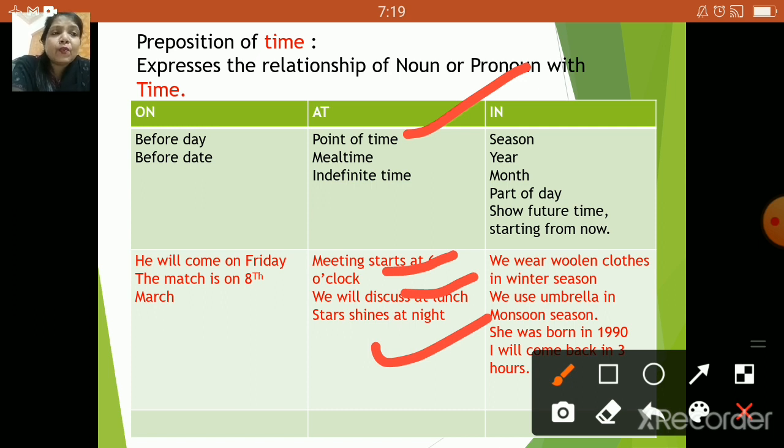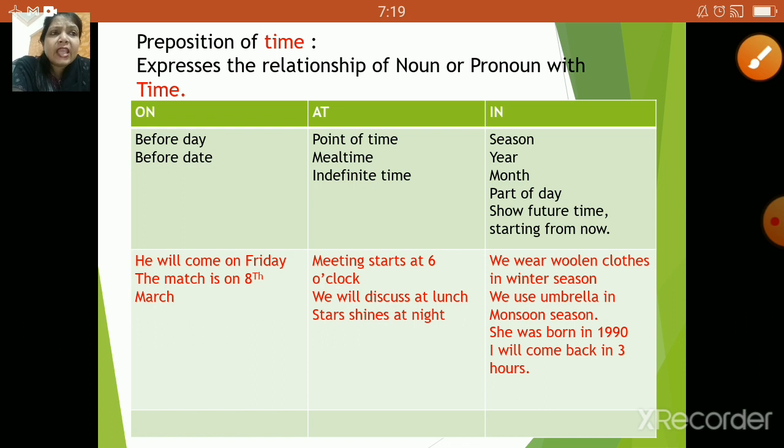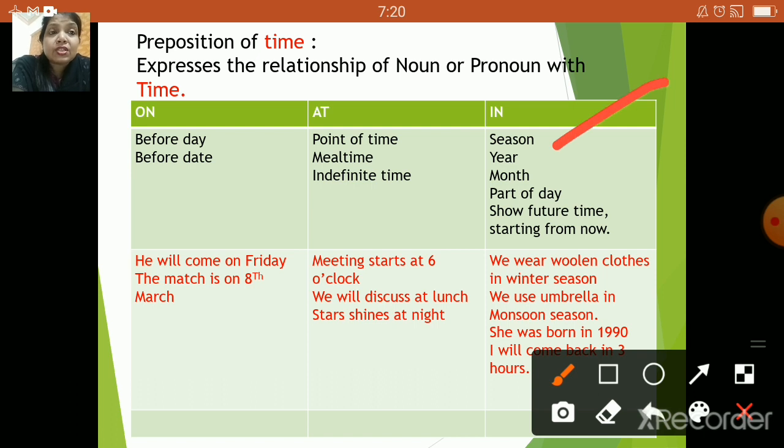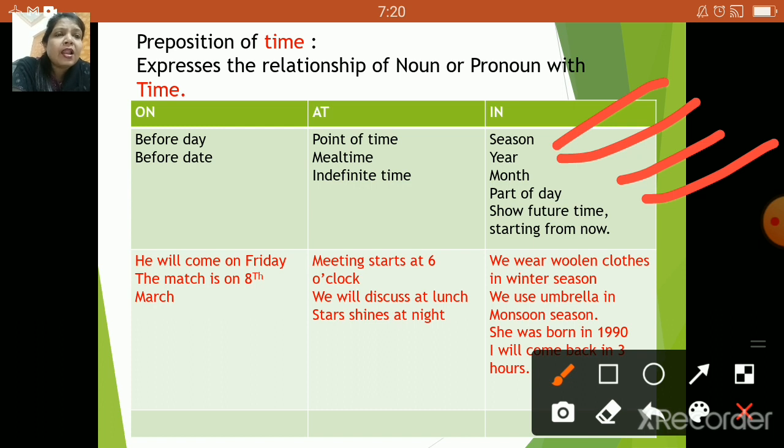Now in, when to use in, children? In we can use when we are saying something about the season, about year, month, part of day, when we speak something about future time, and starting from now. Let us check few examples, like we wear woolen clothes in winter season.